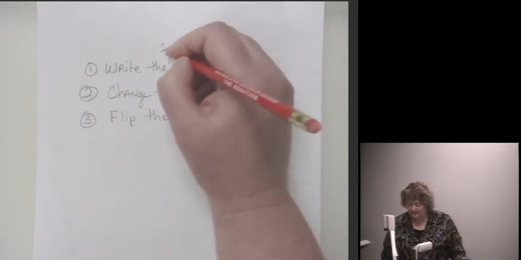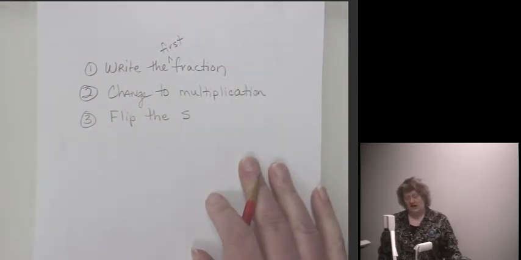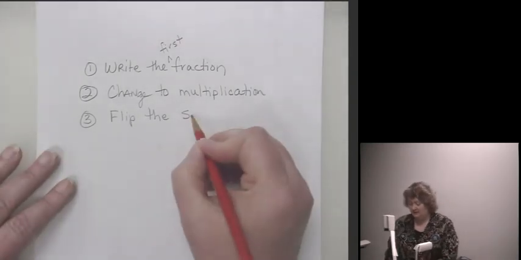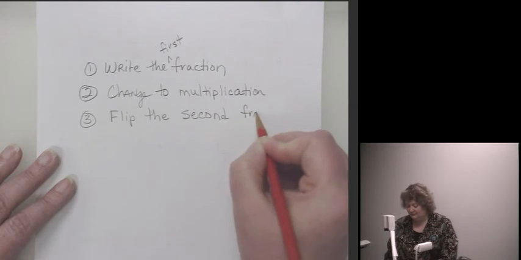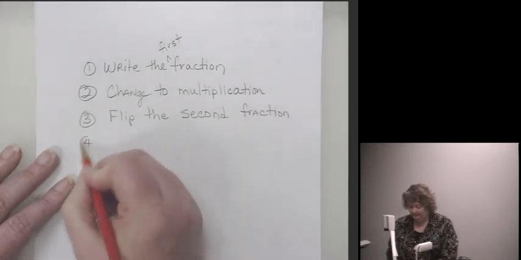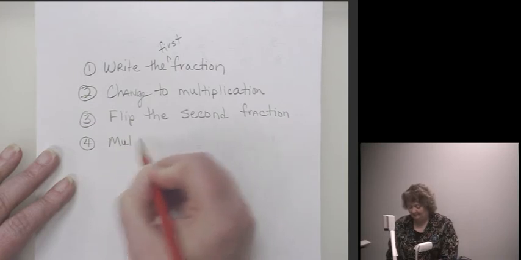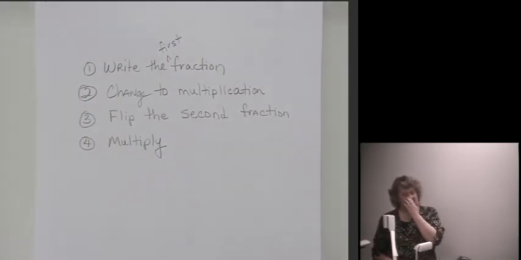Write the first fraction. Change to multiplication. Flip the second fraction. And then multiply. So those are the procedures.